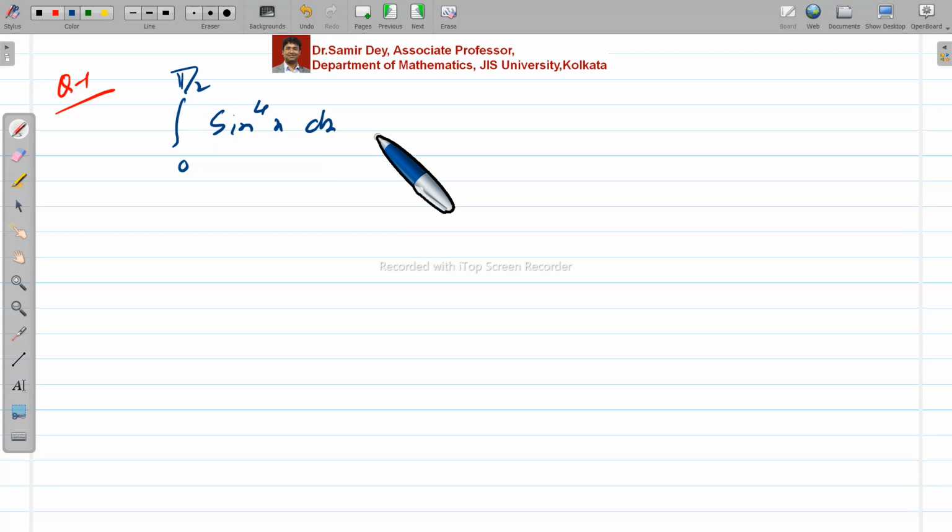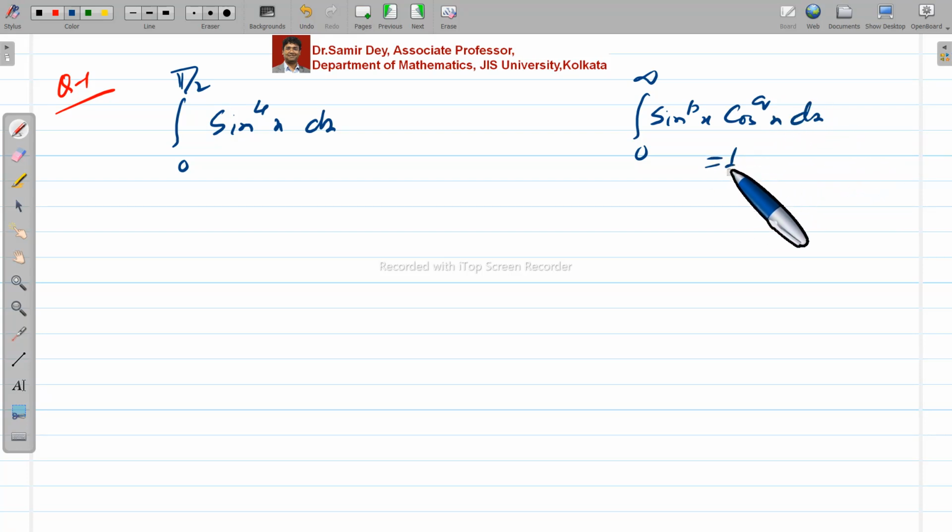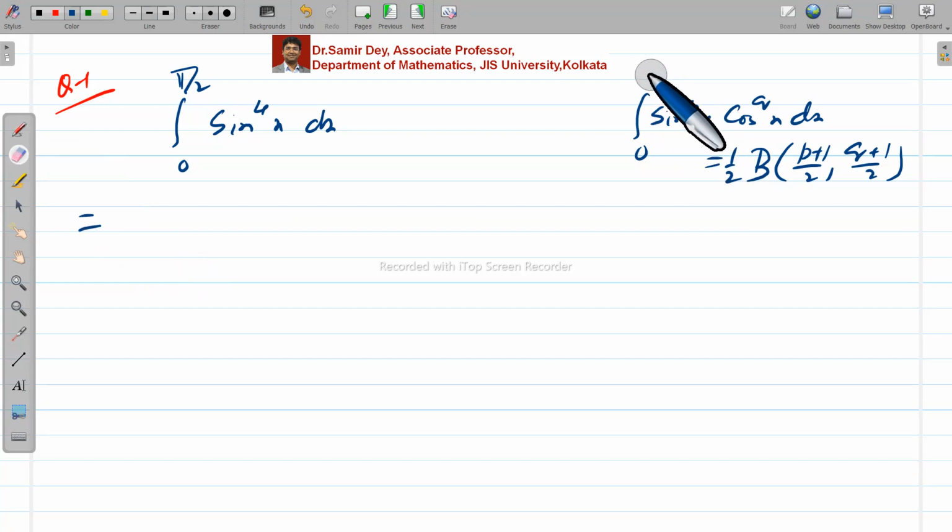First write down the integral of sine to the power px cos to the power qx dx equals 1 by 2 B((p plus 1) by 2, (q plus 1) by 2). Here your requirement is 0 to pi by 2 with sine and cos. Do you have any cos? No. So you need to rewrite this.